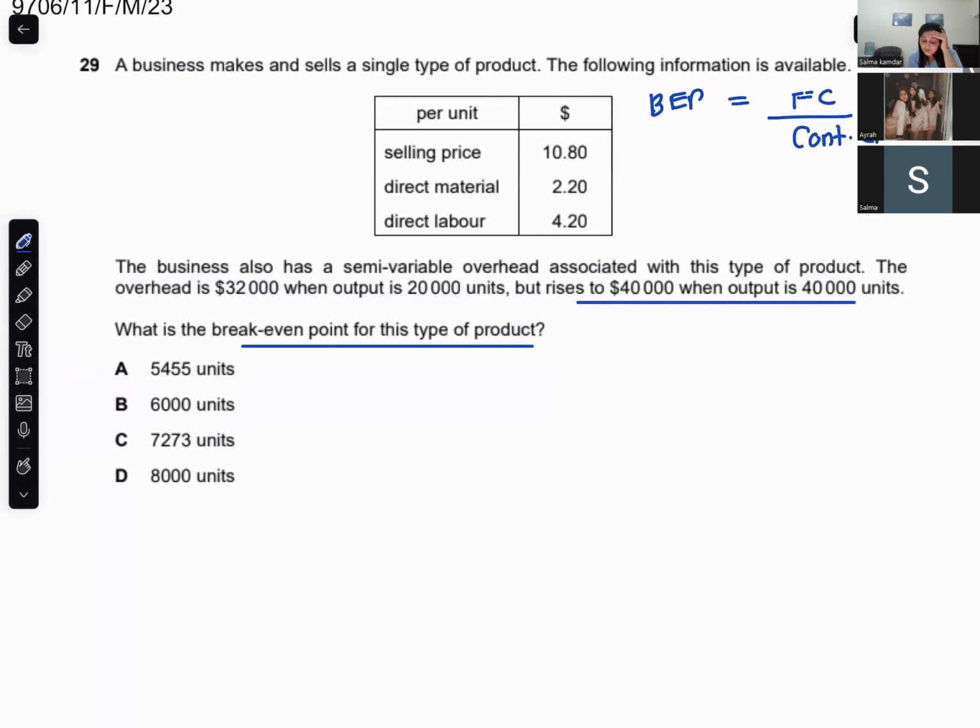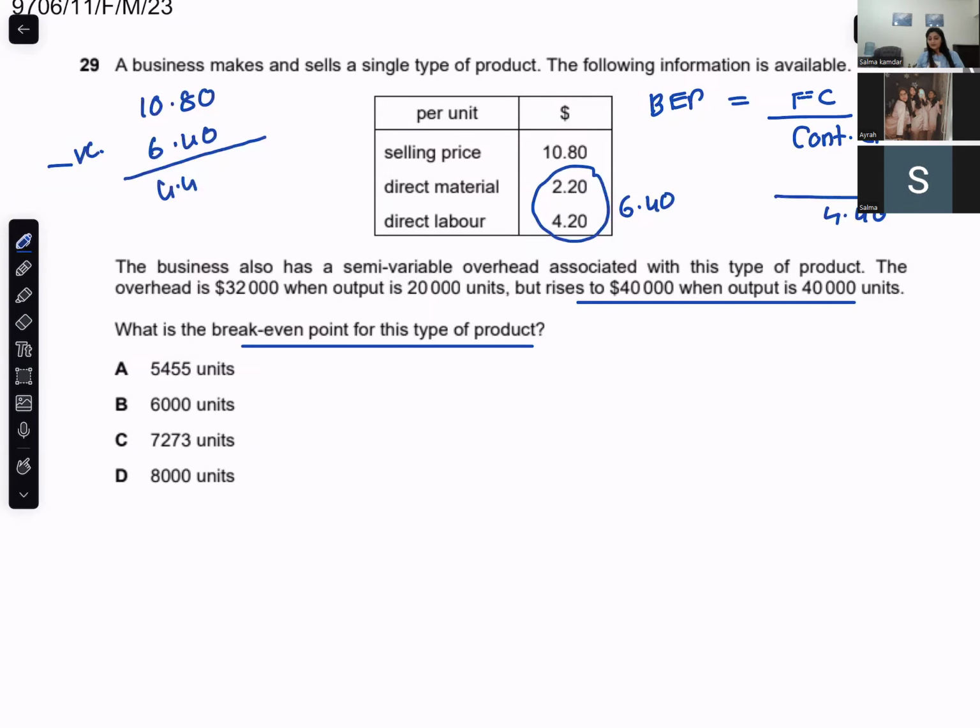What is your contribution per unit? 10.80 minus 2.2 minus 4.2. What is the total variable cost? 6.40. So what is your contribution? It is 4.4.